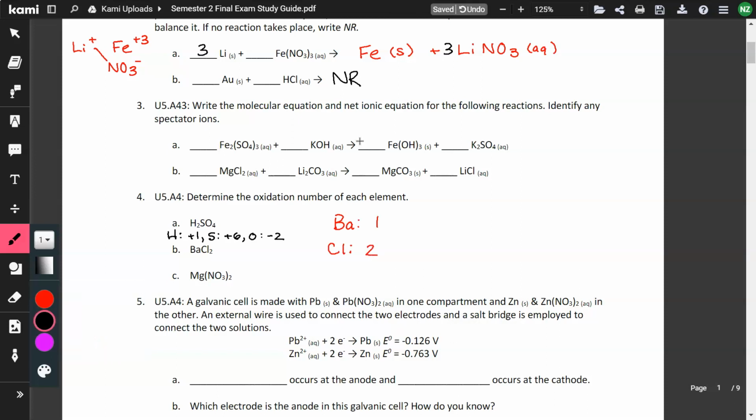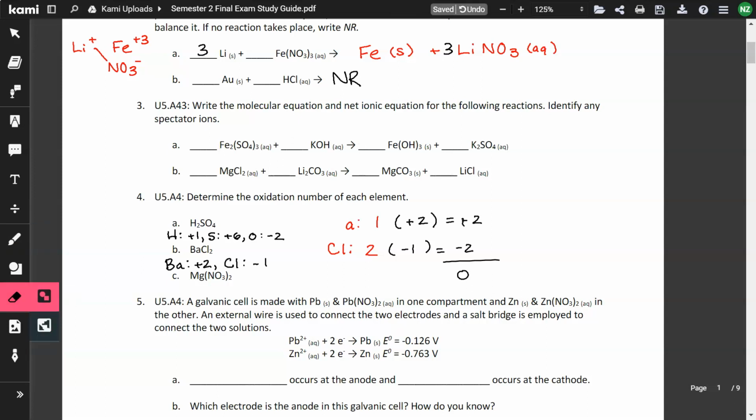Barium is +2 and chlorine is -1. Okay, chlorine is in group 7. So this will be +2, this will be -2. We add those up and they equal 0. So that's good. Barium is +2, and chlorine is going to be -1.